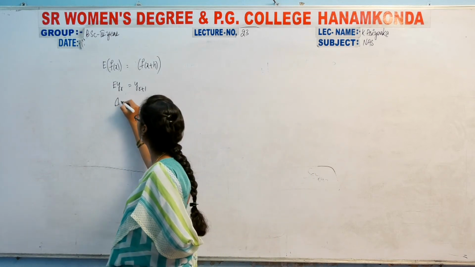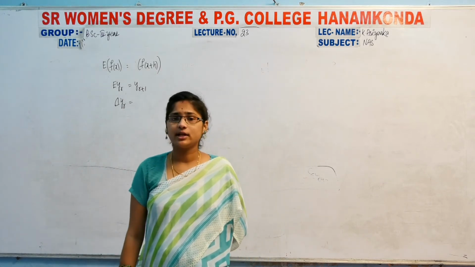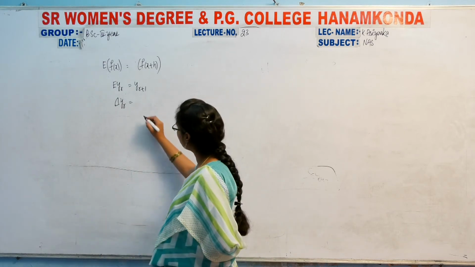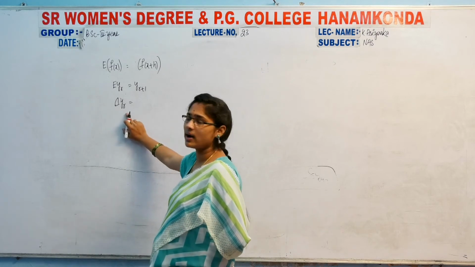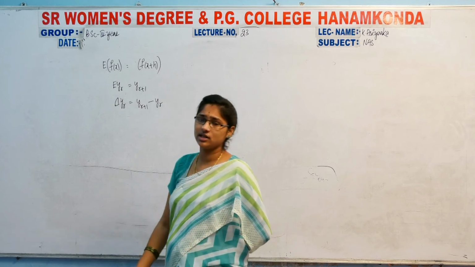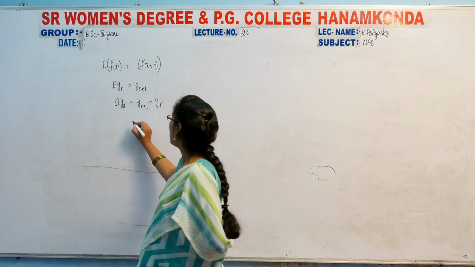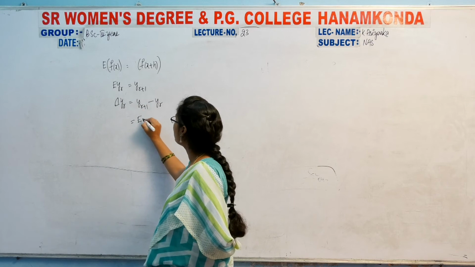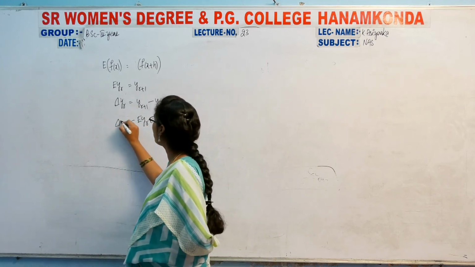delta y r, what is the formula? Delta y n, that means y n minus 1. So simply here, the formula for delta y r is nothing but y r plus 1 minus y r. Now here I have that the y r plus 1 value is nothing but E y r. Now delta y r is equal to this one.